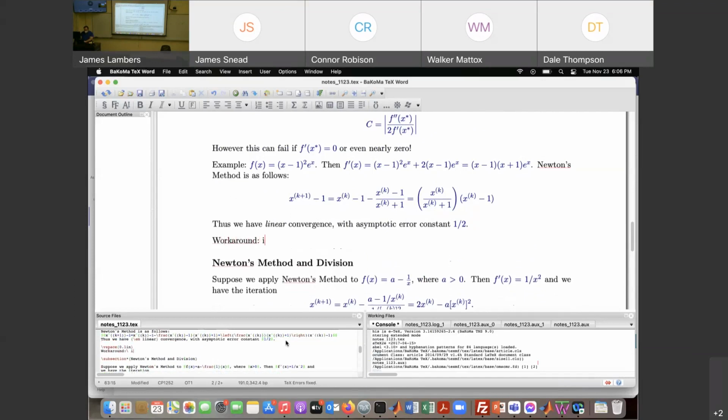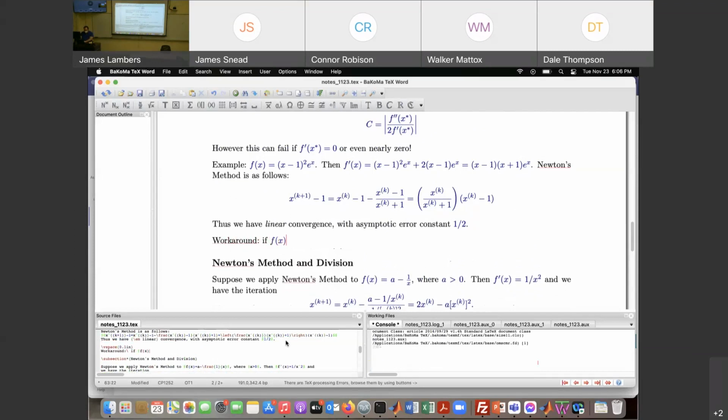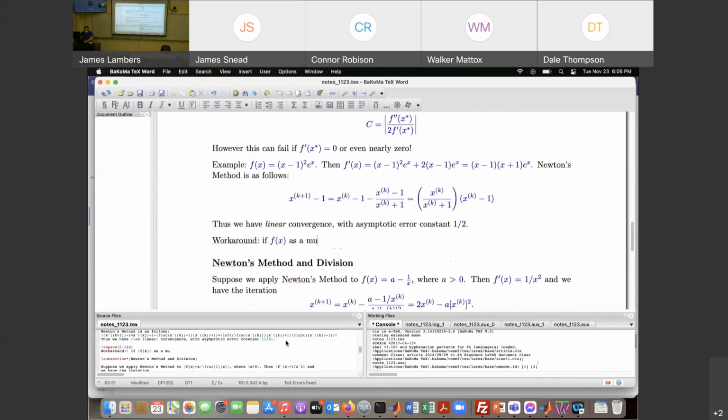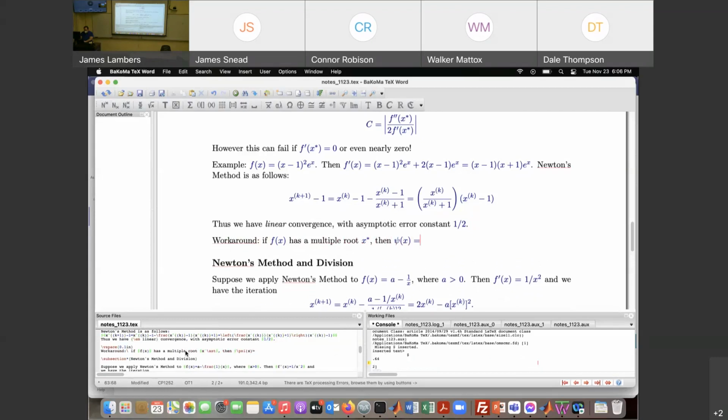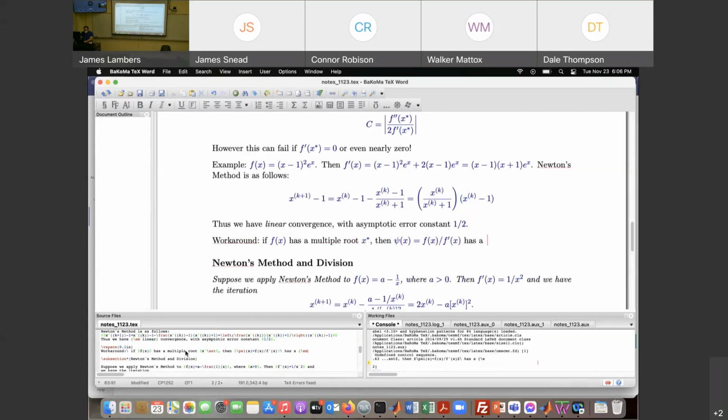The idea is if f of x has a multiple root, the multiplicity greater than 1, then if you work with this function, which I'll call psi of x, equal to f of x over f prime of x, it has a simple root.